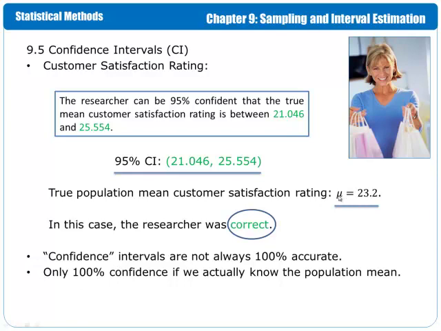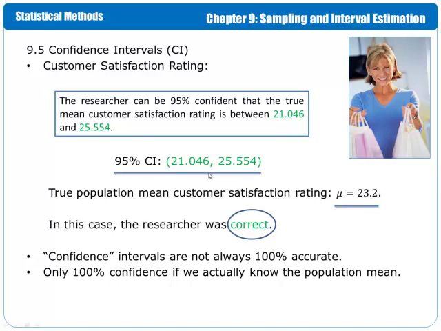If we were to just find the estimate, so just the sample mean, then the sample mean that we had was 23.3 the first time we took a sample, and the second time it was 24. And so it wasn't 23.2. We were wrong. But our interval is right because it is within the interval.